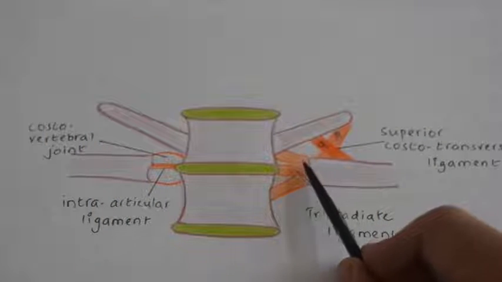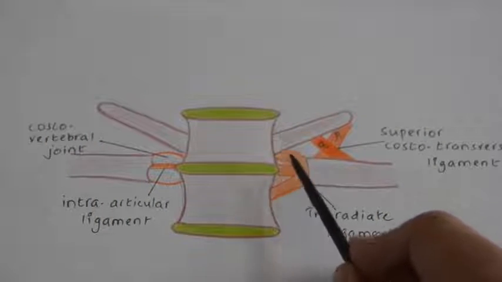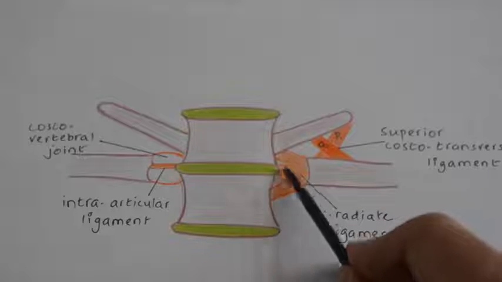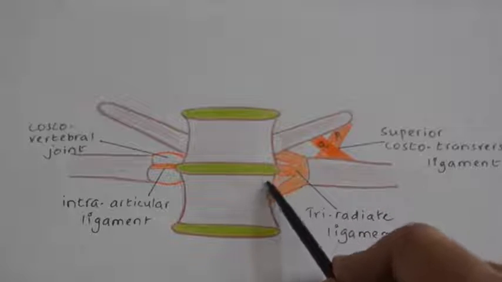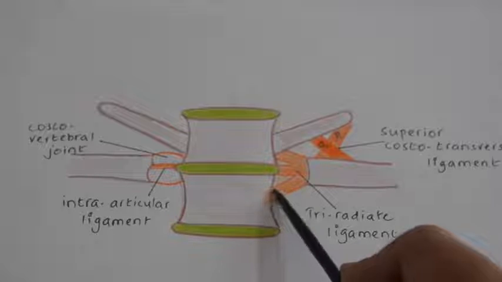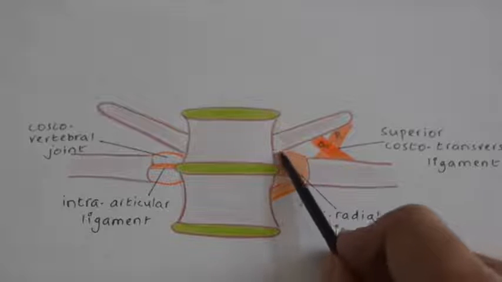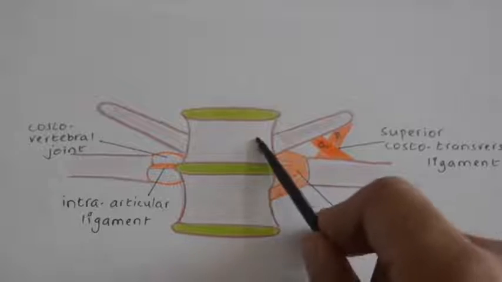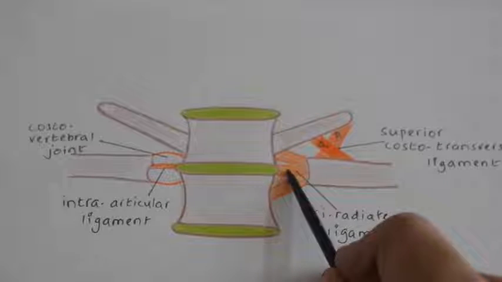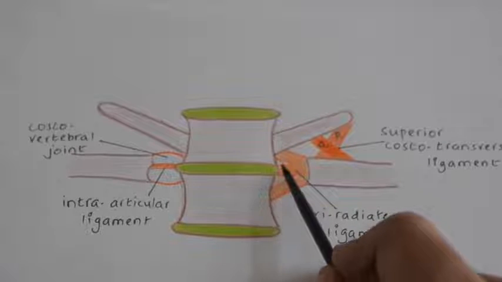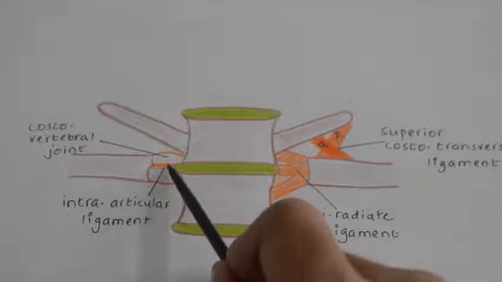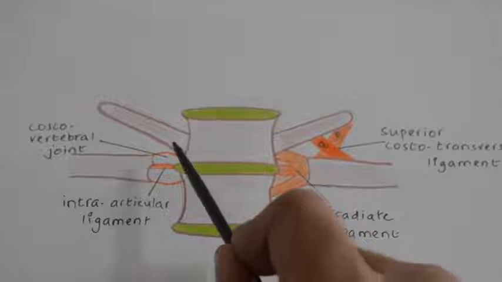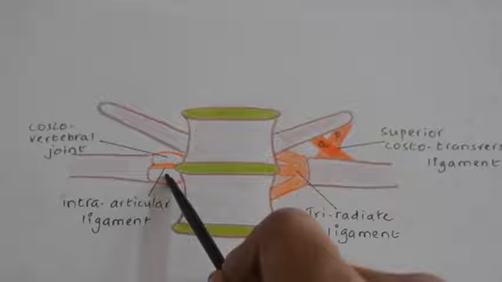Now the head in front provides attachment to the triradiate ligament with three bands, upper, middle and lower. The lower band is connected to the numerically corresponding vertebra on either side along the body. The upper band is attached to the vertebra above, and the middle band is attached to the intervertebral disc. That is also termed the intra-articular ligament, which divides the joint cavity of the costovertebral joint into upper and lower compartments.